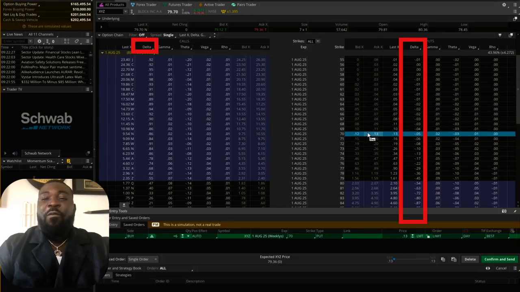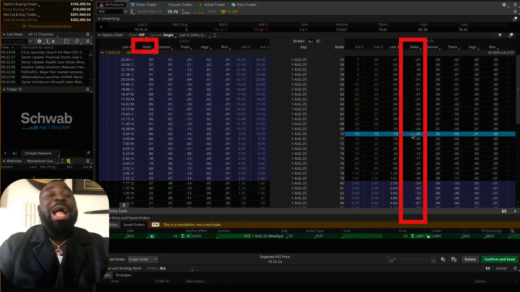This contract is going to go from $13 plus 5, that's $18. So the delta is also the amount of money your contract is going to gain per dollar the stock moves up or down. If it moves in your favor, your contract is going to gain that much. If it moves against you, your contract is going to lose that much. That's exactly what delta means.